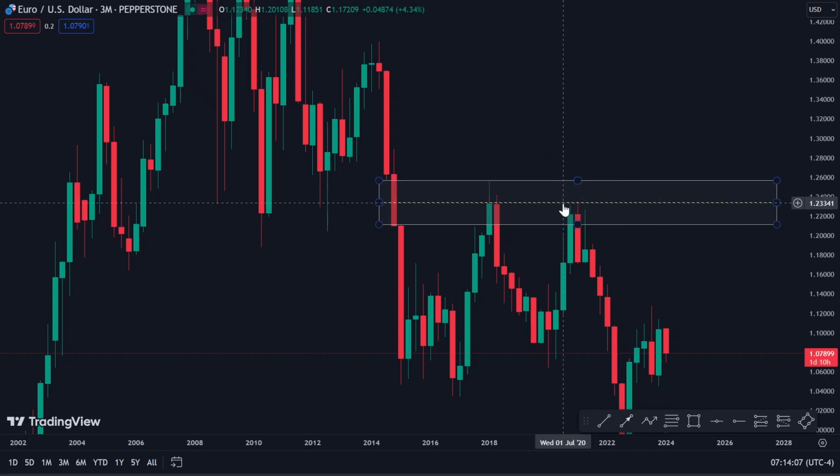In this rectangle I have a dashed line, and this dashed line represents simply the halfway point of this rectangle. ICT always emphasizes that price is born to react at the midway point of a fair value gap, and we call the midpoint of a fair value gap consequent encroachment. It's a very sensitive price reaction point.